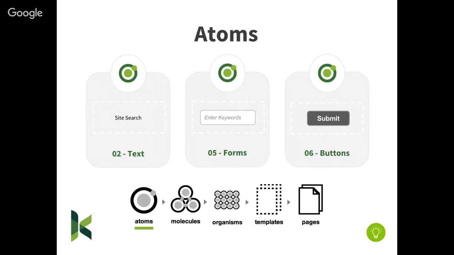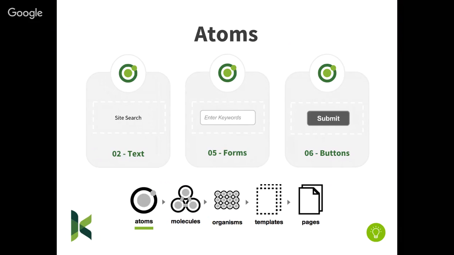And you'll see here, this is when we start looking at actual Pattern Lab. So remember we talked about what those patterns were. We had that image. Now, I think I did use the same terminology as the Pattern Lab website, because this is really a great way to think about it. So you've got your text, and then you maybe have a form input, and then you have buttons.